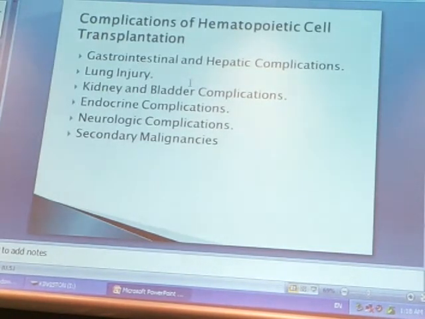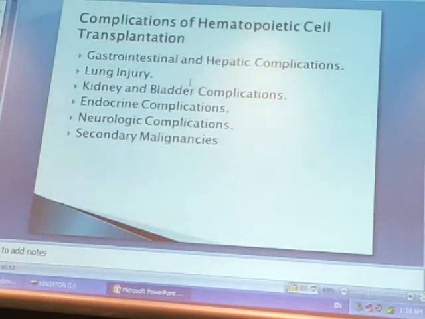Unfortunately, not all cases of allogeneic transplant are successful. We have risk of relapse and failure of graft. Failure of graft, if you collect well-matched donor cells and adequate stem cells, is probably only around 10%.